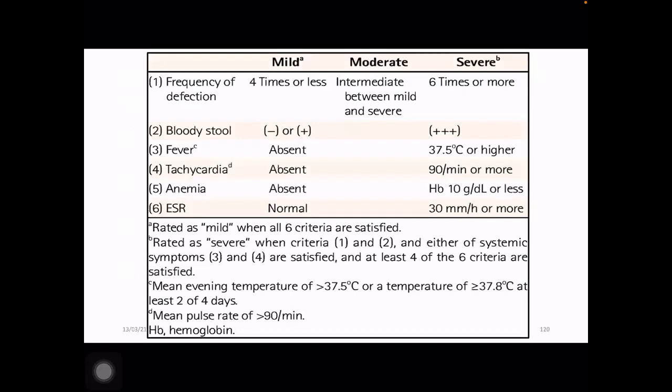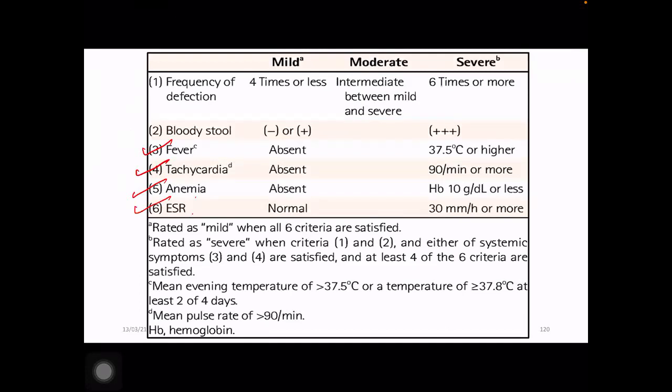The first two are the frequency of defecation and bloody stool. Remember, in any patient with ulcerative colitis, frequent stools and bloody stool are the most common. Those two are very important criteria. Apart from that, there are two clinical criteria, fever and tachycardia, and two laboratory criteria, anemia and ESR. Based on these 6 criteria, we classify it as mild, moderate, and severe.